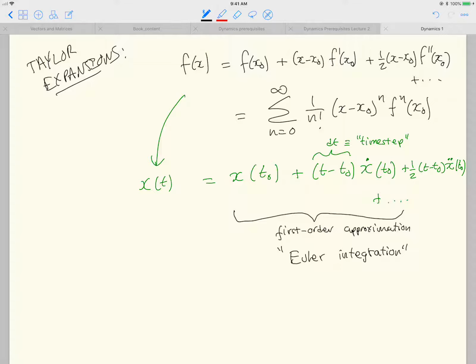A lot of the machine equivalents, for example, if you're using Julia and you use differential equation solvers rather than writing your own, we're going to write our own using Euler integration. Those differential equation solvers typically use more than the first order approximation. Even if you don't have the second derivative explicitly, you can use estimates of the second derivative to improve the results. What does improving the results mean?